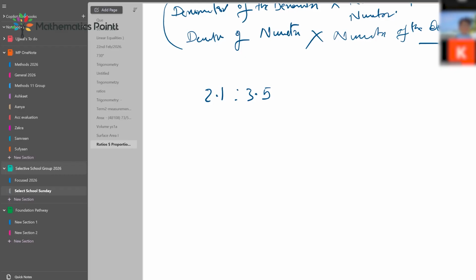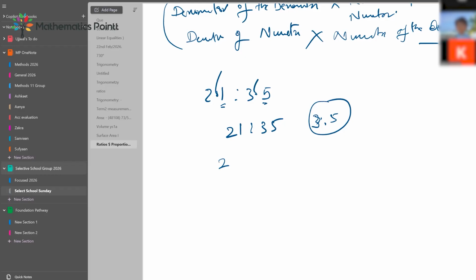I don't know what technique you used. There are a few techniques that I can use. The first one is to count the decimal places. If you've got just one decimal place here and one decimal place here, the decimal just cancels itself. So this actually becomes 21 ratio 35, which is 3 ratio 5, what you just calculated.